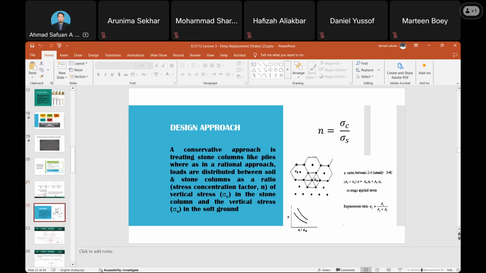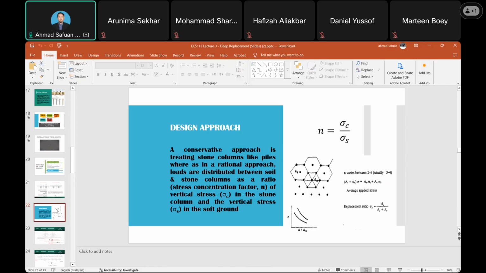A conservative approach is treating the stone column like a pile, whereas in the rational approach, the load is distributed between the soil and the stone column as a ratio.